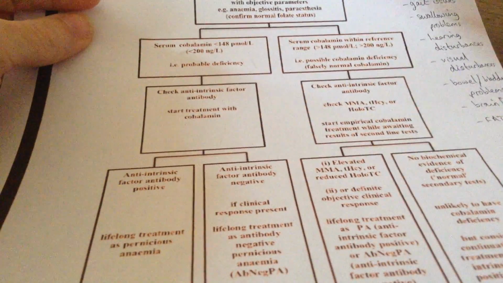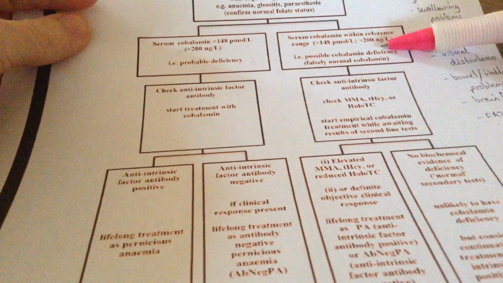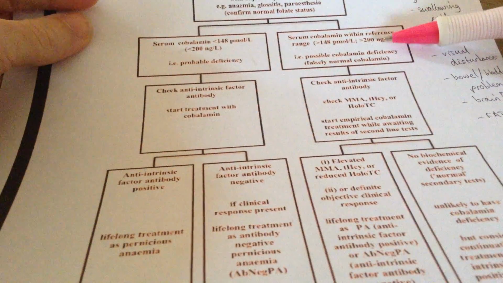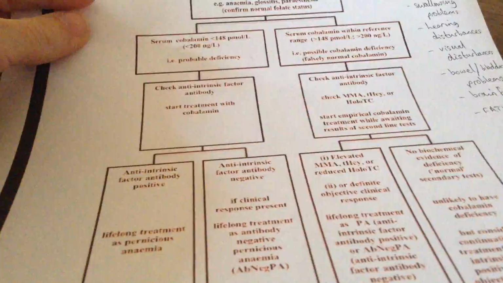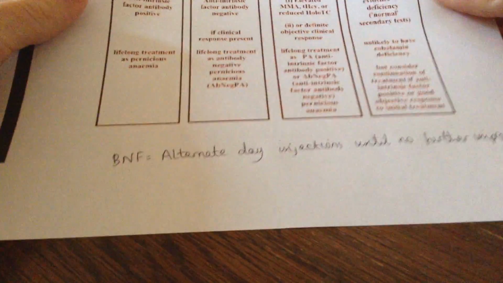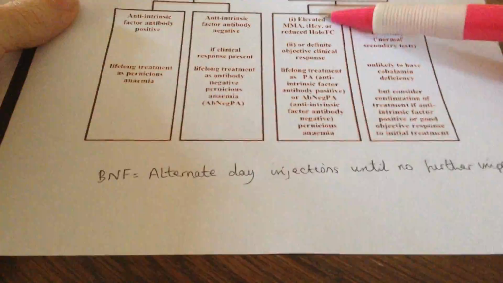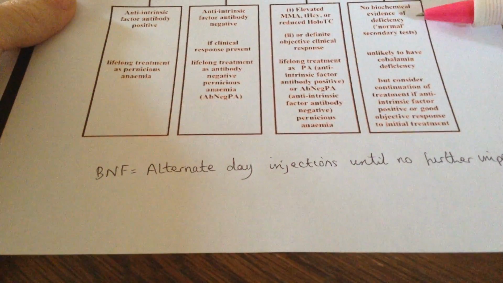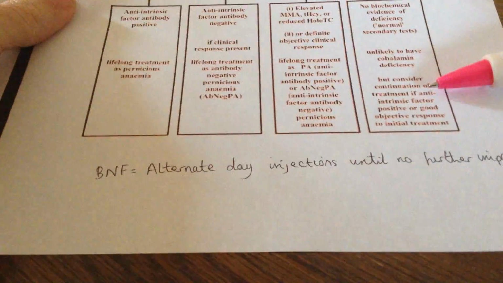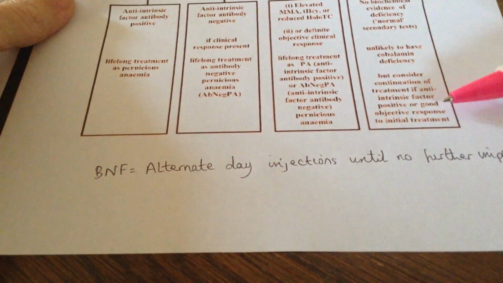So even if you have a B12 level above 200, because you may have a functional deficiency, you should always have a trial of injections. And then down here, what to do. If your further tests are positive, continue with treatment, but also if you have a good response to the injections, you should also continue with treatment.